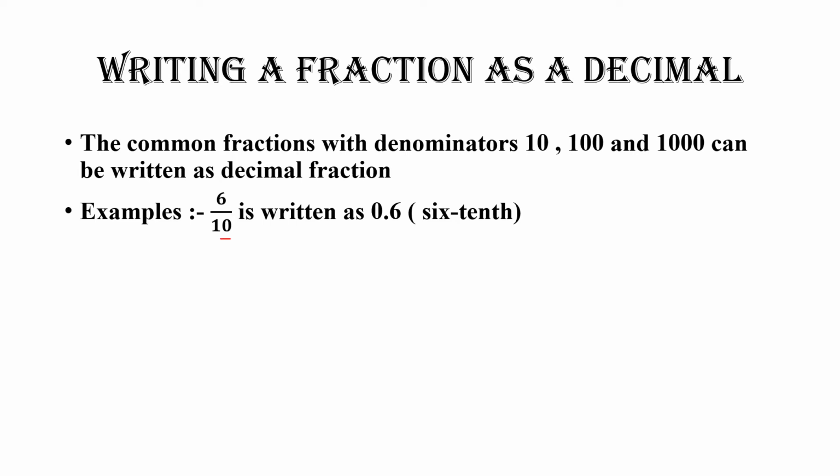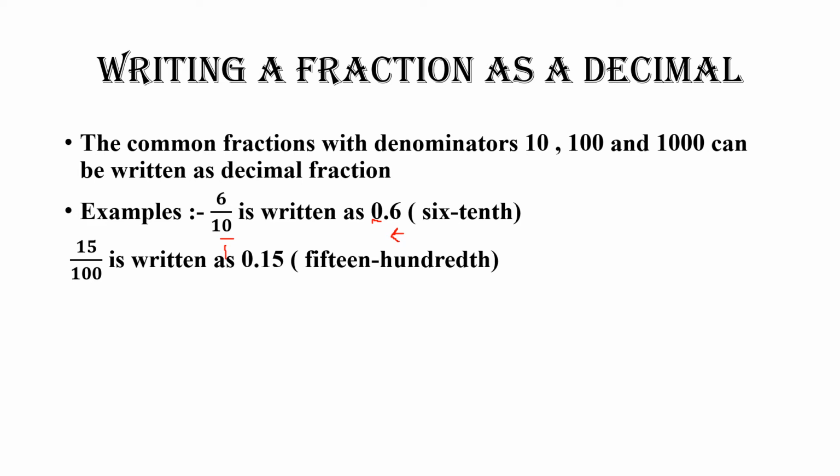Here we are having only one zero. That means starting from the right side to the left side, we'll count one digit and put a dot. And before the dot, we can put a 0. So the answer is 0.6.